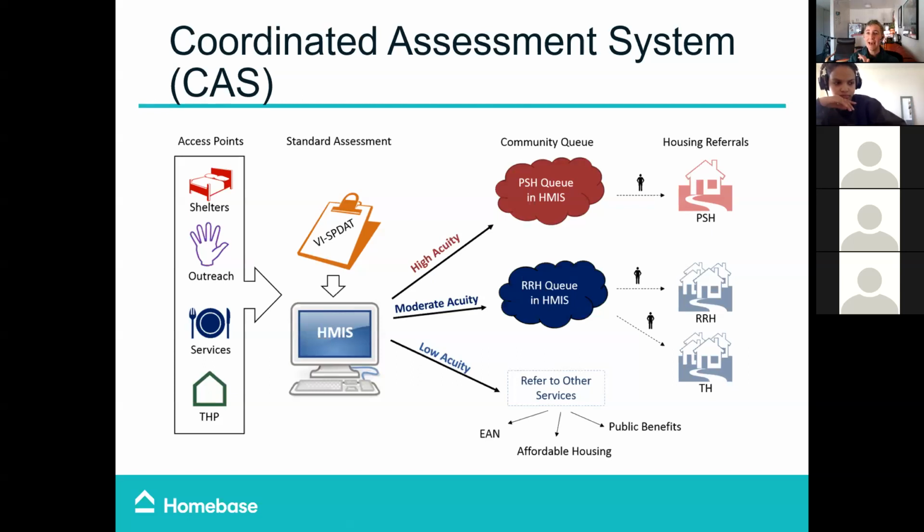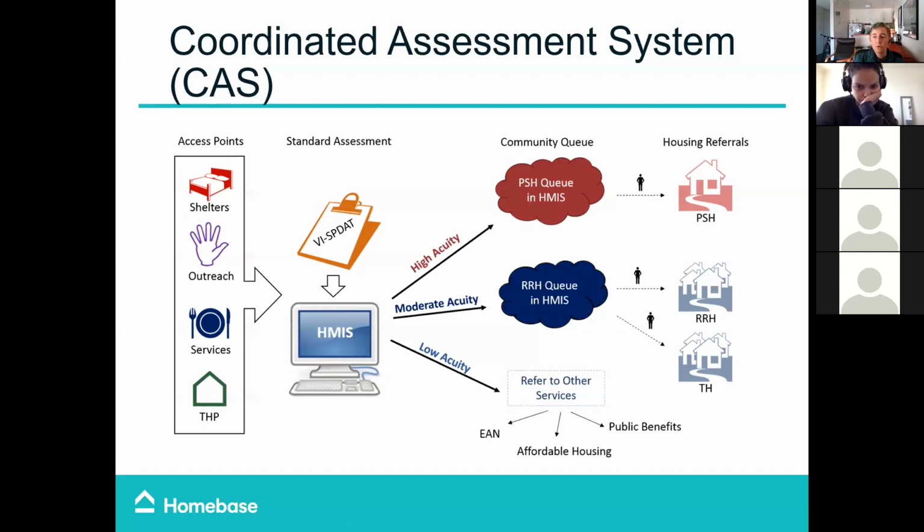There is the access portion where we, as a community, as a system, try to identify as many people as possible, all of the people who need housing assistance. We try not to let anybody slip through the cracks in terms of access to housing. And then a coordinated assessment system has some way of assessing for each person what type of housing resource that the community has available is most likely to meet their need.